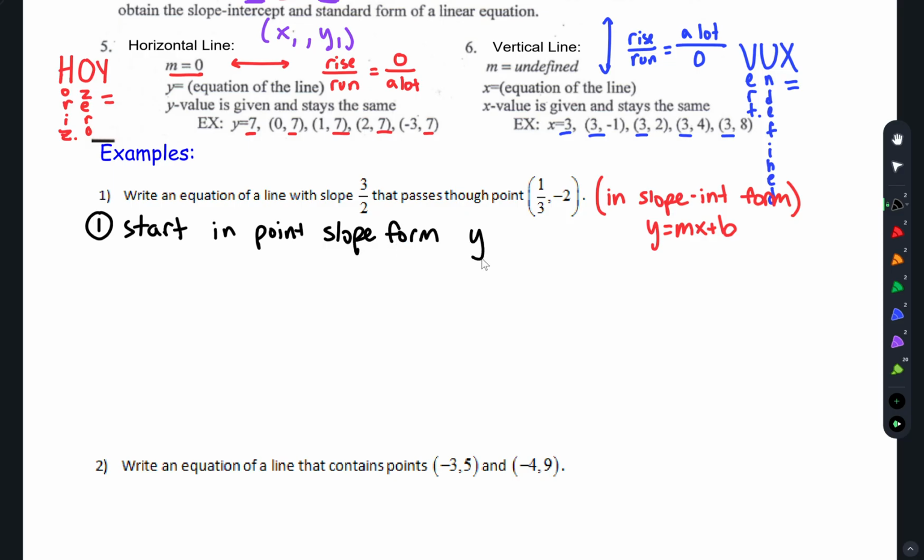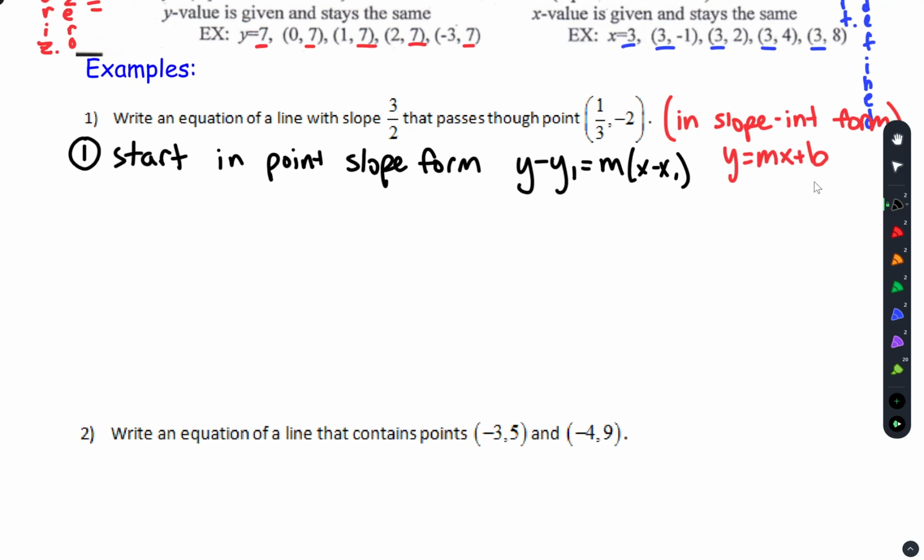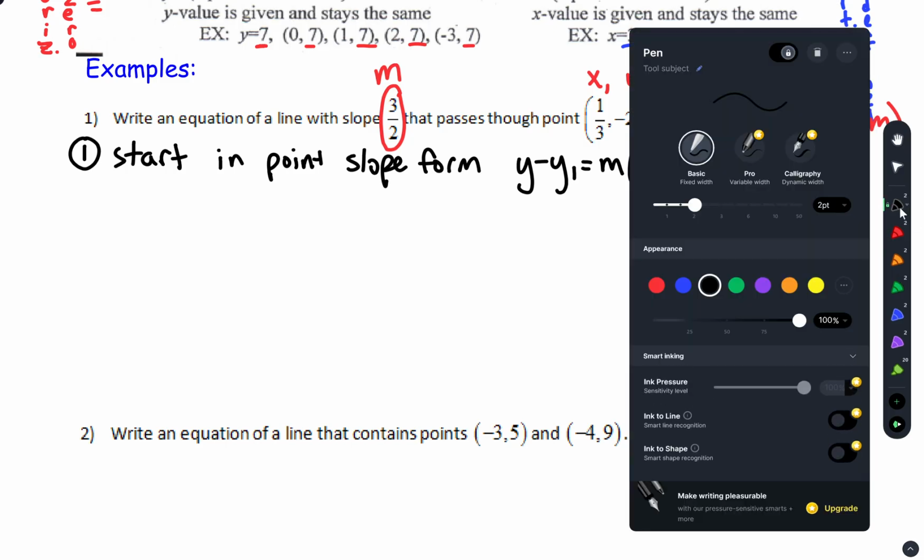Point-slope form takes the form y minus y1 equals m times x minus x1. And we basically just have a lot of stuff that we're going to plug in here. I know that my slope is 3/2, and I have this point 1/3 comma -2. I'm going to label that as x1, y1. The first y and the first x always stay the same.